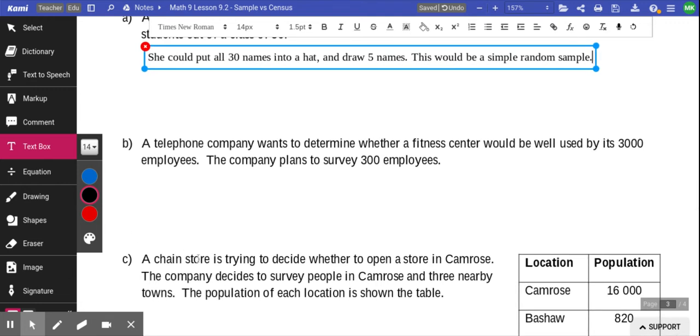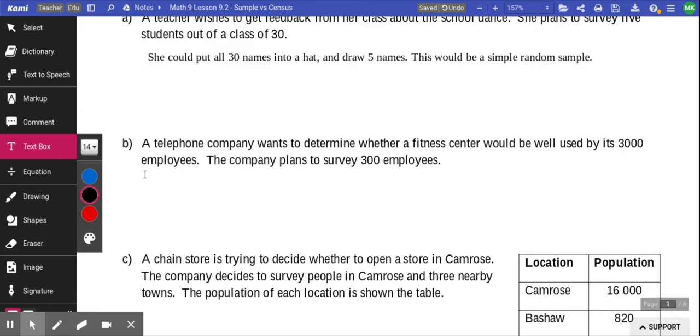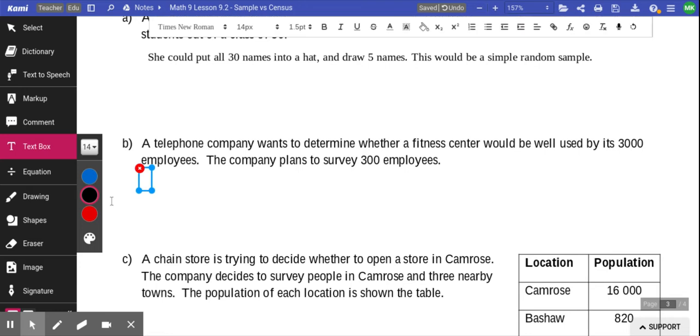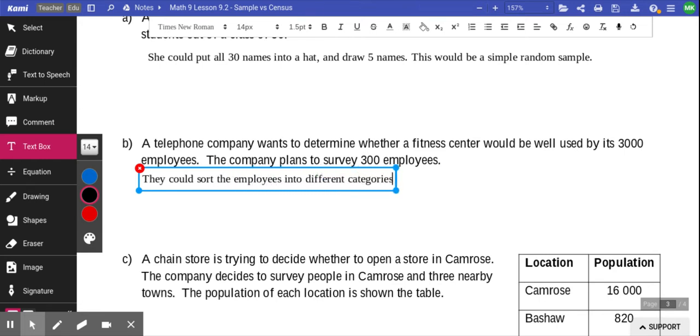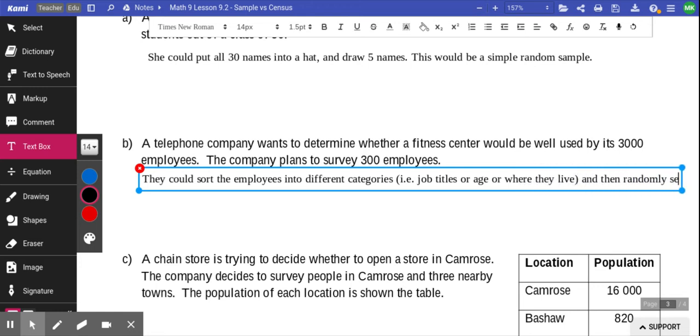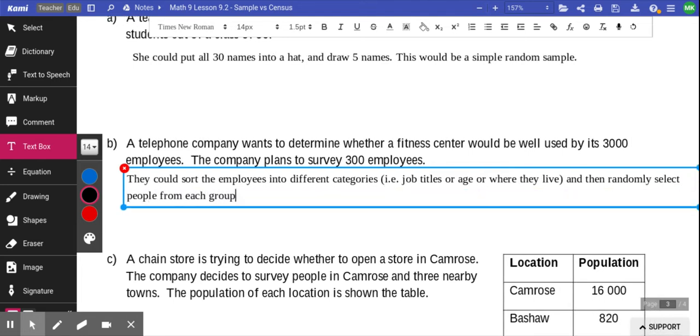B, a telephone company wants to determine whether a fitness center would be well used by its 3,000 employees. The company plans to survey 300 employees. How could they possibly do that? One way they could do that is they could sort the employees into different categories, i.e. job titles, or age, or where they live, and then randomly select people from each group.